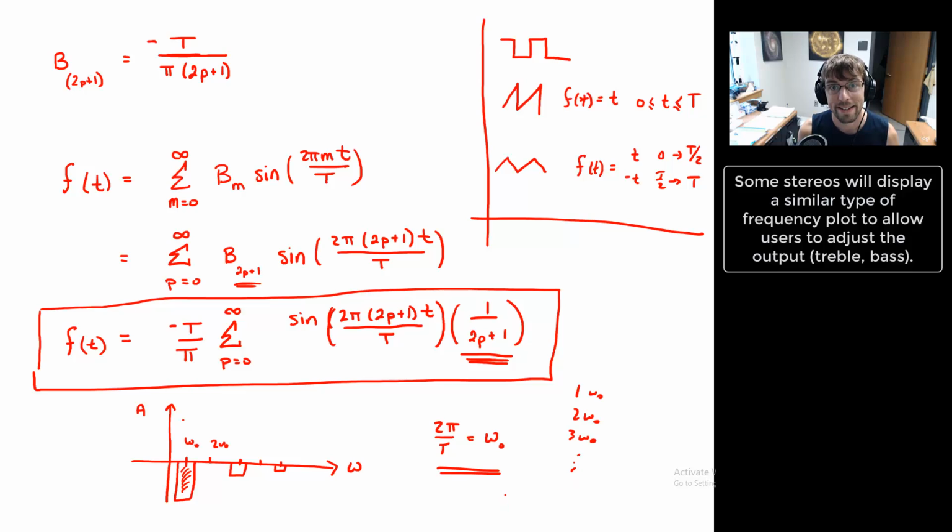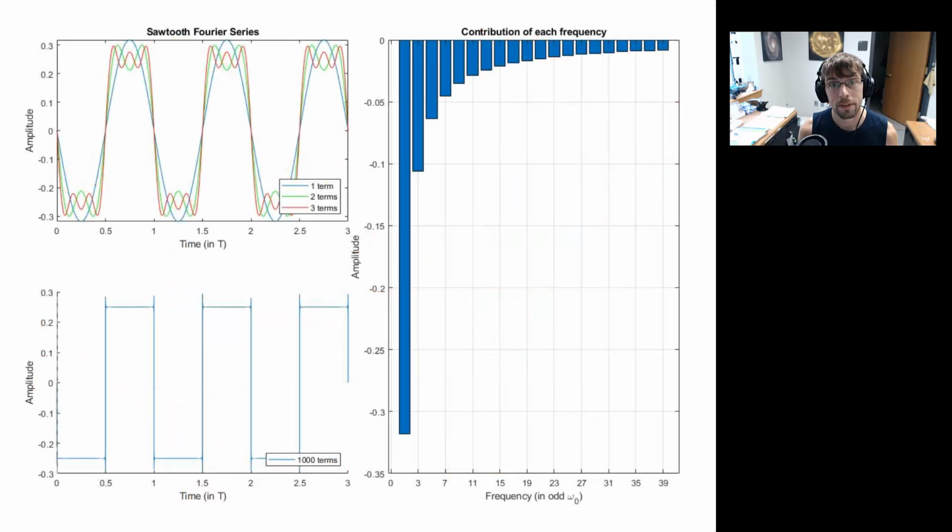And here, I'll throw this up so that you can see what the square wave will look like if you do this frequency plot, the amplitude versus frequency. Cool, huh?